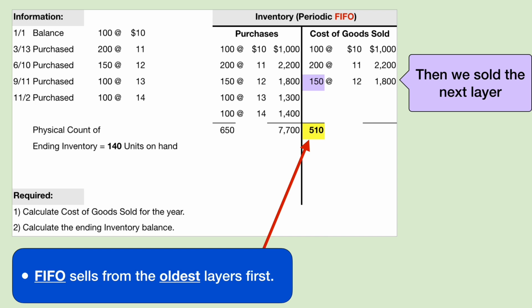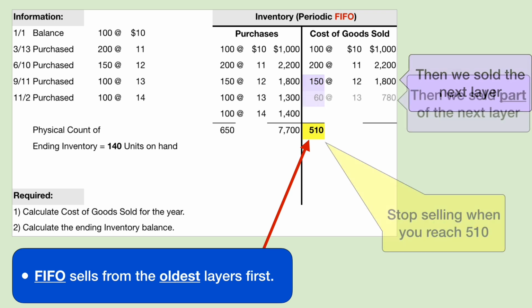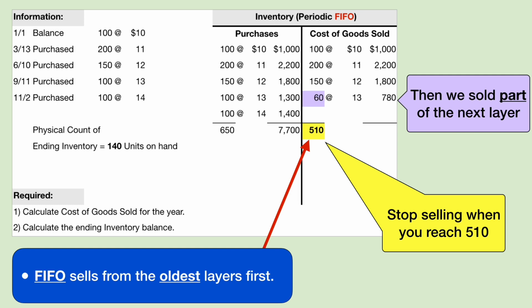We just have to stop selling when we reach the total of 510. So we sold all of layer 1, all of layer 2, all of layer 3, and part of layer 4 until we sold 510. We stopped selling at that point.